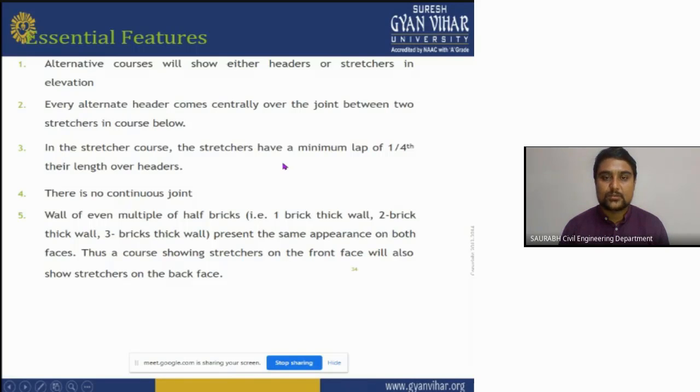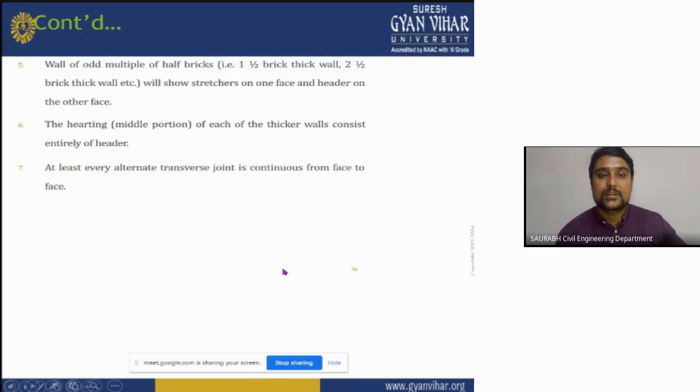In the stretcher course, the stretcher has a minimum lap of one-fourth of its length over the header. There is no continuous vertical joint. A wall of even multiple of half brick shows the same appearance on both faces. Thus, a course showing stretchers on the front face will also show stretchers on the back face.